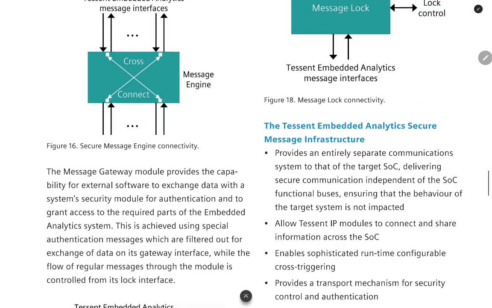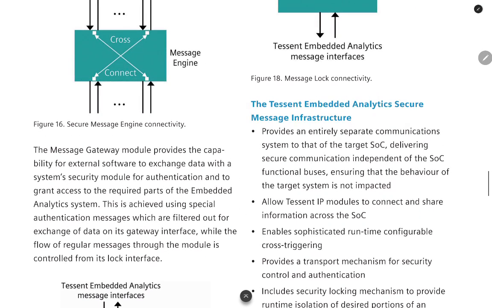The Tessent embedded analytics secure message infrastructure provides an entirely separate communication system to that of the target SoC, delivering secure communication independent of the SoC functional buses, ensuring that the behavior of the target system is not impacted.